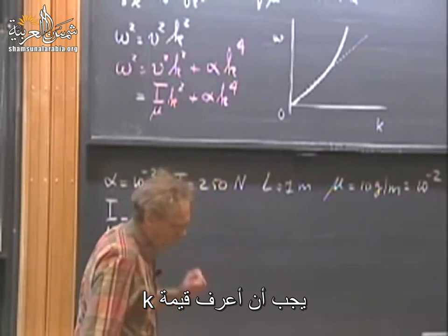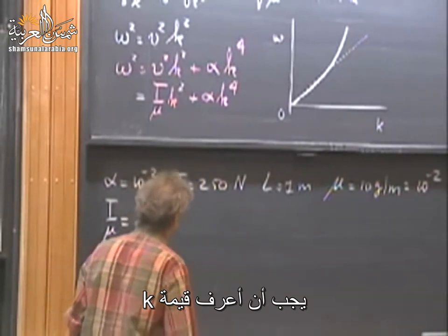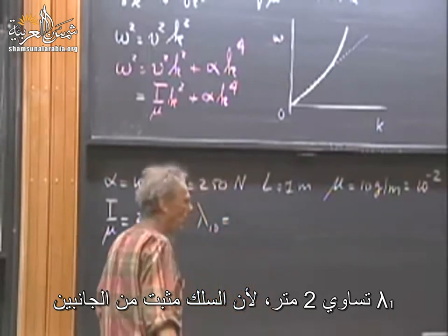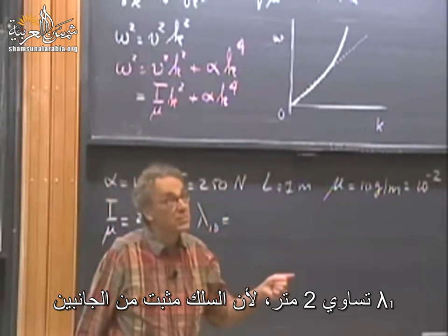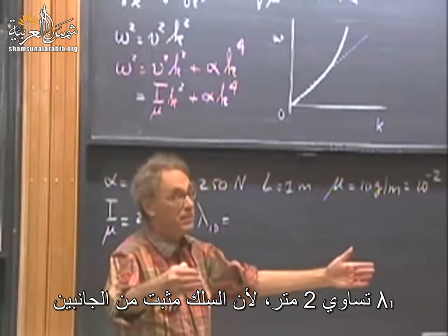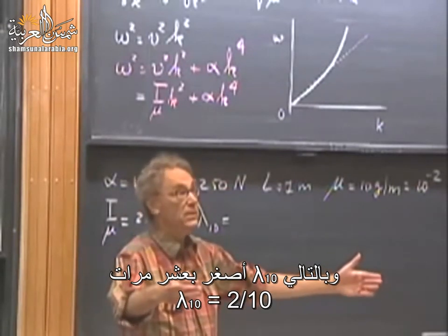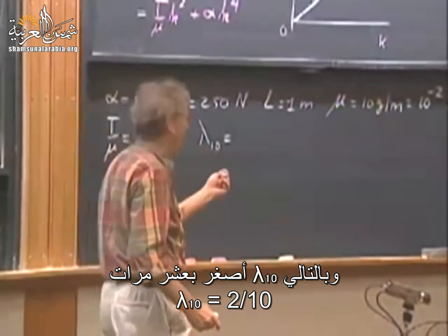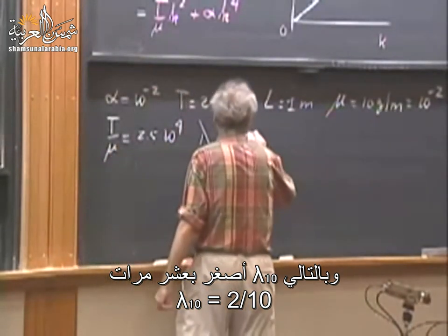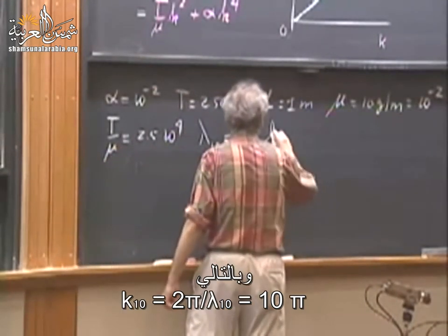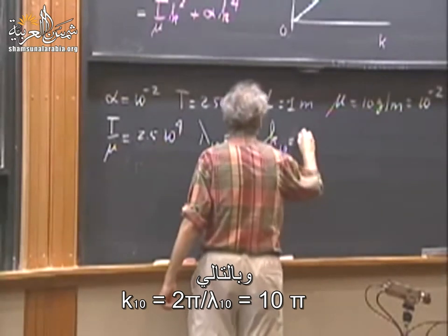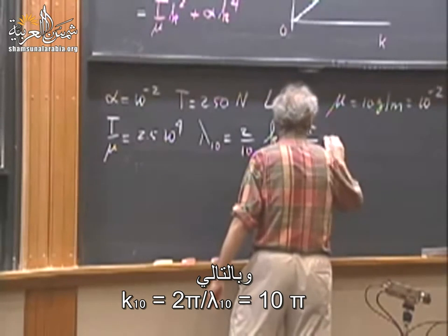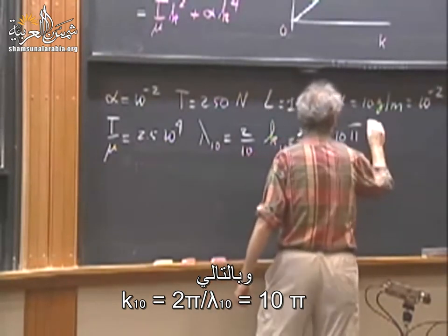I have to know what k is. Well, lambda 1 is 2 meters, right? Fixed at both ends, if the length is 1 meter, then lambda 1 is 2 meters. So lambda 10 is 10 times smaller, so that is 2 divided by 10. So k 10, which is of course by definition 2 pi divided by lambda 10, is then 10 pi.